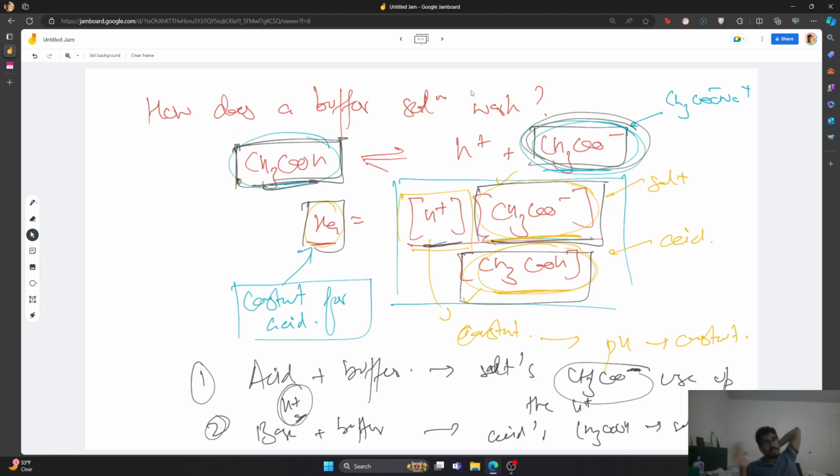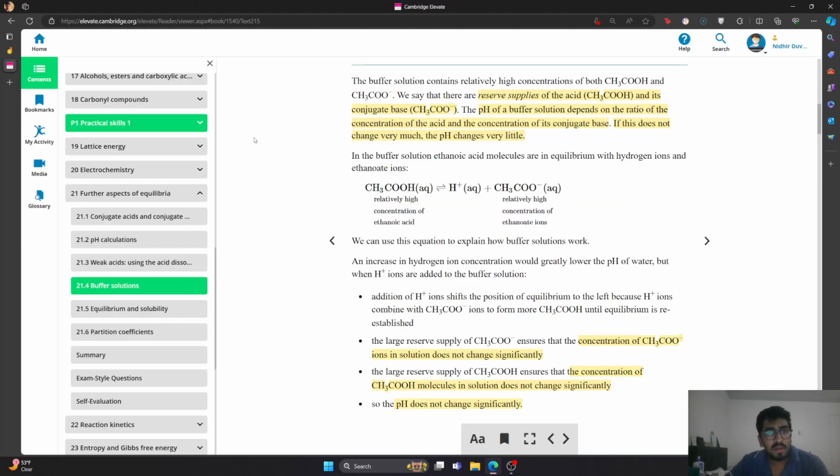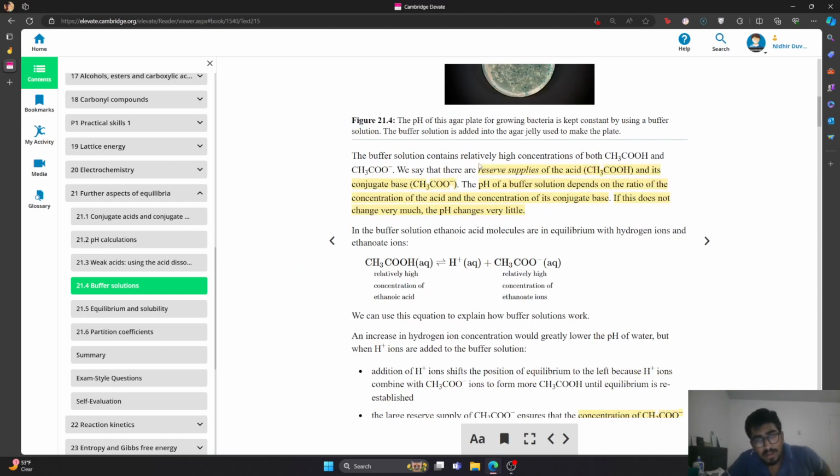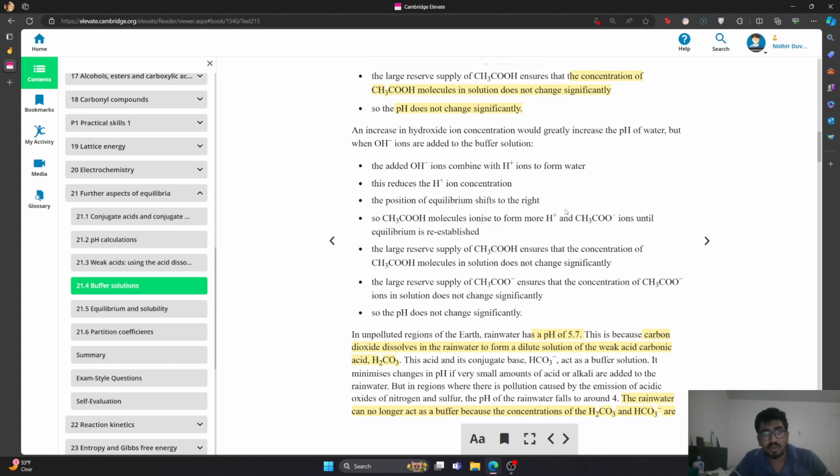So if you add anything, that external stimulus just gets used up. As a result, because of this equation, the H plus concentration remains the same. Again, this is the part that can be a little bit confusing, so make sure you understand this slowly and properly. Again, go through your book for exact wordings and clarifications, but this is the core idea of the thing.